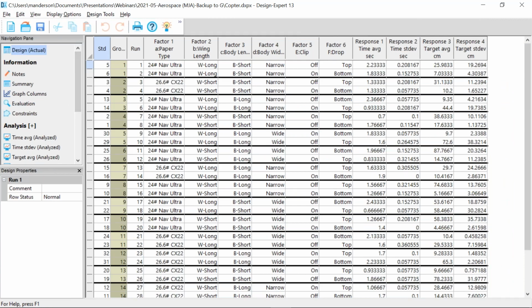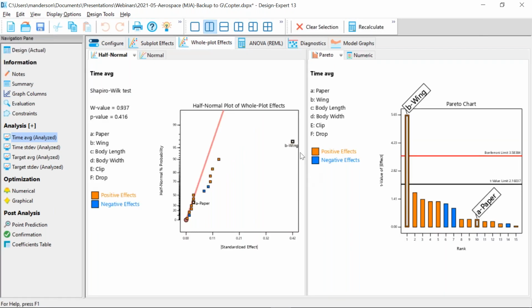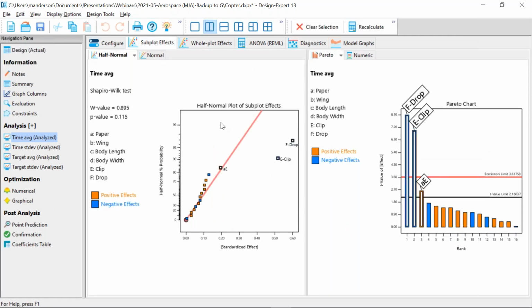We ended up finding some significant factors on both the subplot, which is with the easy to change factors, and also on the whole plot, like the wing. The wing length was a really big whole plot, hard to change factor that really emerged. And then we also had a little interaction between the paper and one of the other factors, whether the paper clip was on or off.